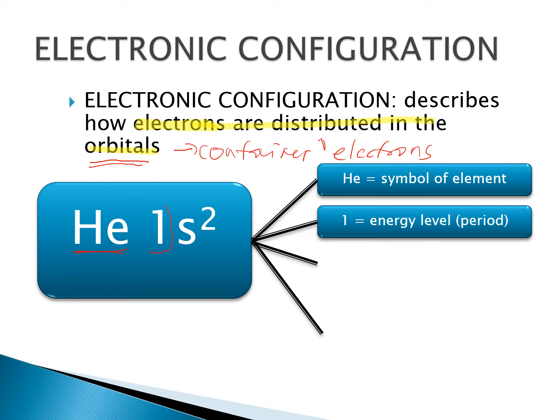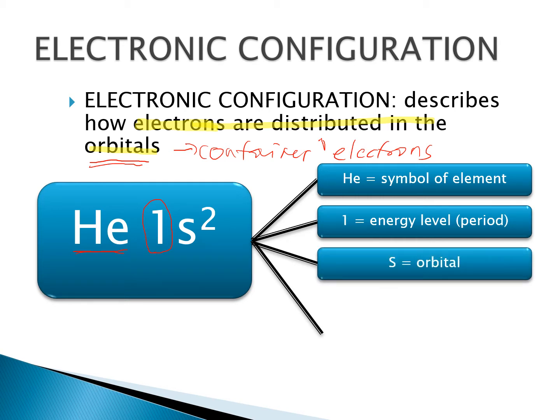What is this number 1? Number 1 pertains to the energy level, or the period where the element belongs. So that is the energy level of an atom, or the period where the element that we are talking about belongs. And then we have S. S pertains to the orbital.